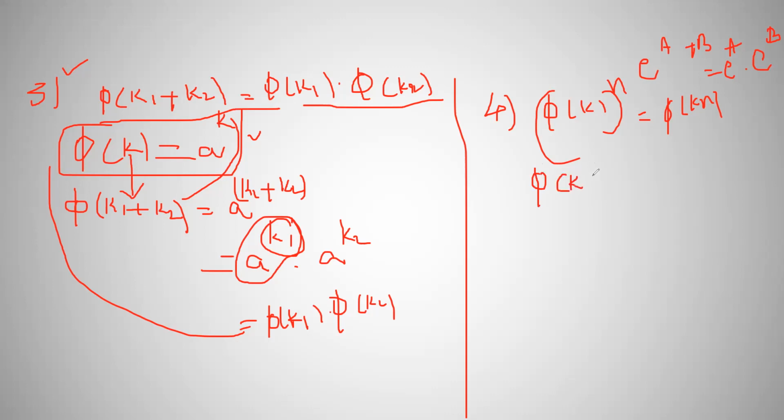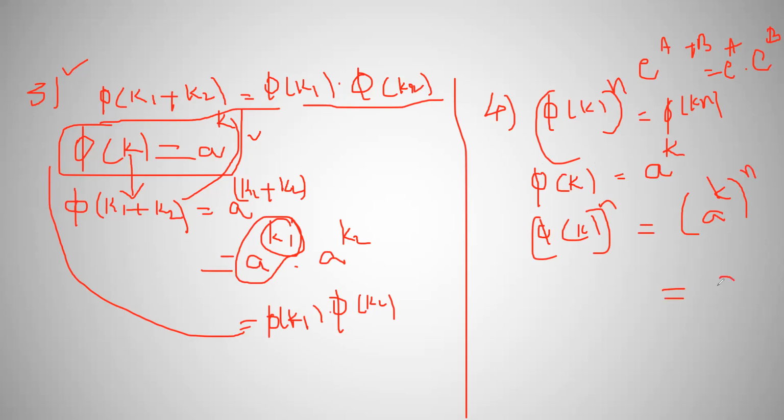Phi of k is equal to A power k. So phi of k whole power n is equal to A power k whole power n.